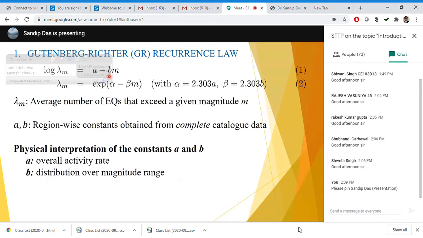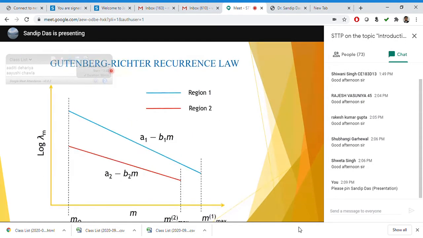If b is high, that means smaller magnitude earthquakes are much higher in number compared to larger magnitudes, as opposed to another region for which b is small. So if you plot this GR relationship, you will typically get this kind of straight line. These are idealized cases. If you get a least square fit, you will get a straight line like this.